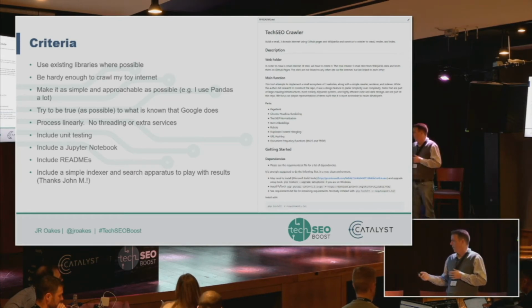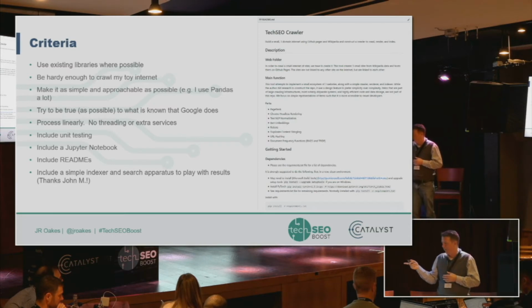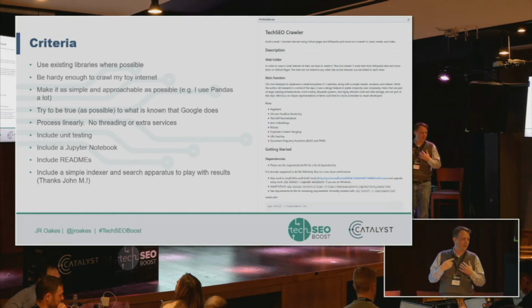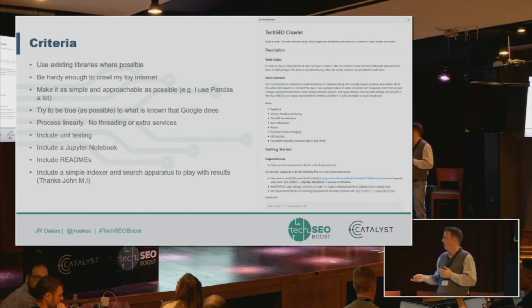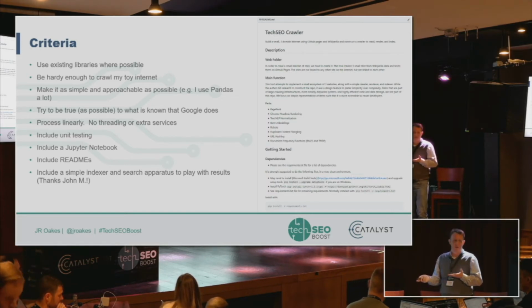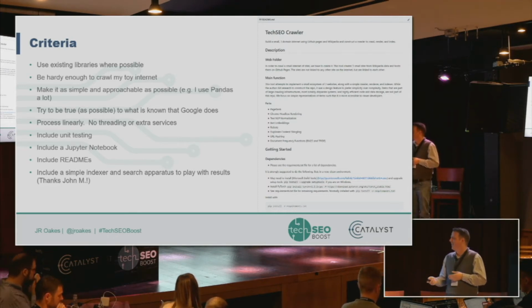For the crawler and renderer, these were my criteria for what I needed to do to feel like I did enough to make it usable for others: use existing libraries where possible, be hardy enough to crawl 30 pages, which wasn't hard.